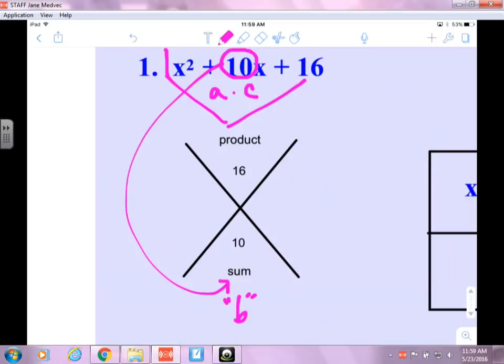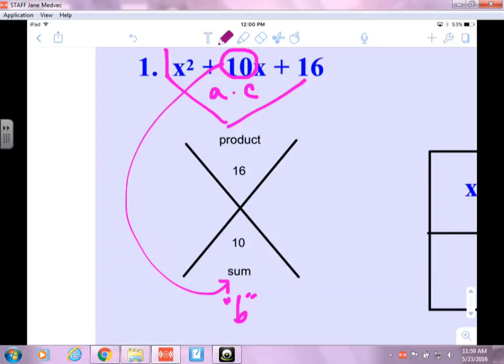So I'm actually going to use that x exercise that we did, and we're going to apply it to doing this. What two numbers, when I multiply them together, will give me 16, but when I add them together, give me 10? 8 and 2.